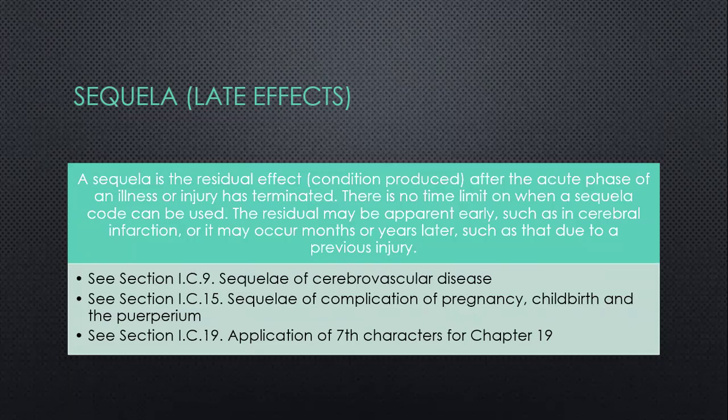And as I've mentioned previously, if you're following in your book, there are different sections for where it is applicable. So, section IC.9 for sequela of cerebrovascular disease, section IC.15 for sequela of complication of pregnancy, childbirth, and the puerperium. And then there's IC.19 for the application of the seventh character for chapter 19.